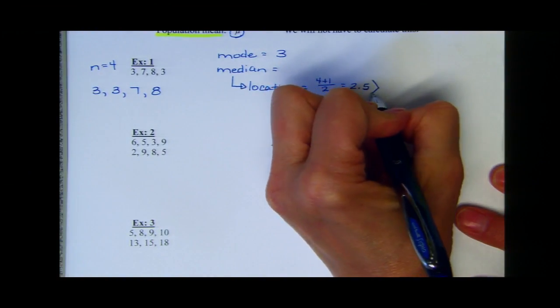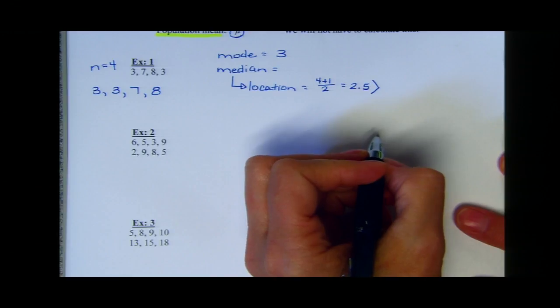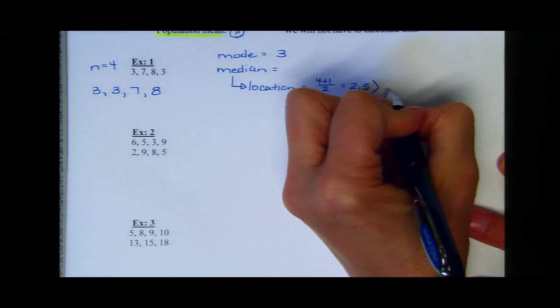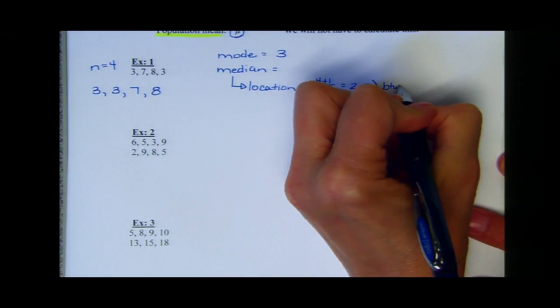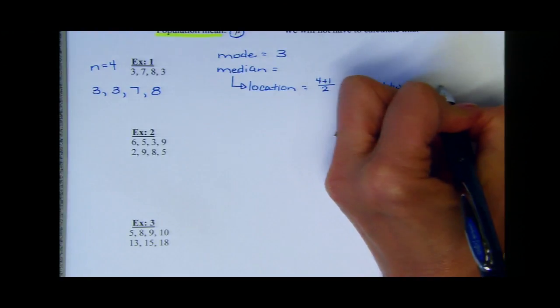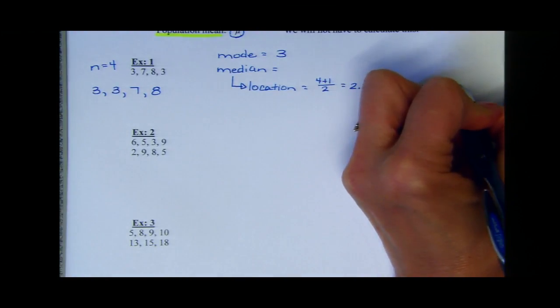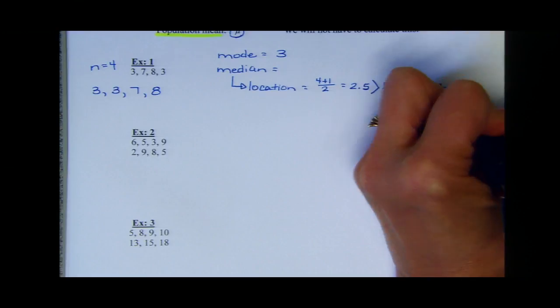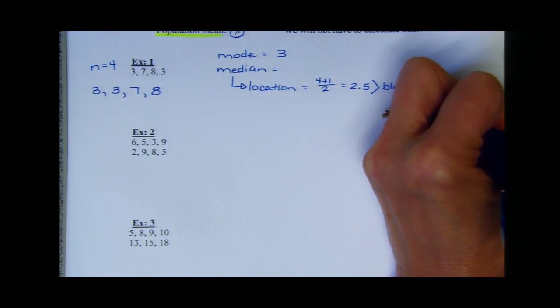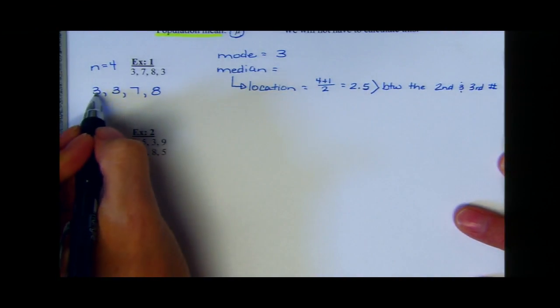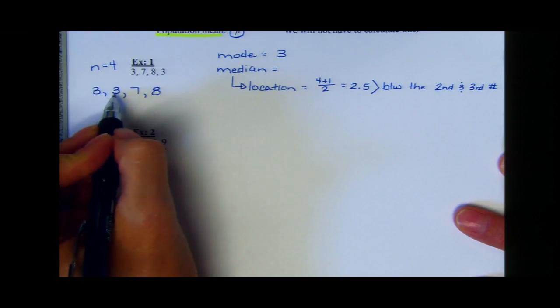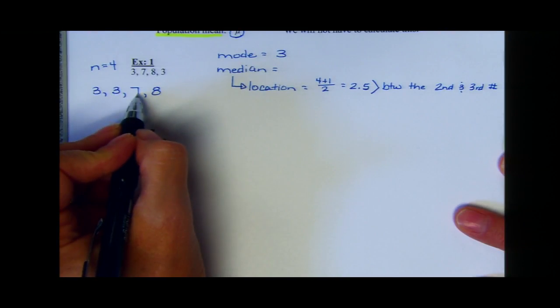So what 2.5 tells me is that the actual median is located between the second and third number. So 1, 2, 3, 4, this is your second, this is your third number.